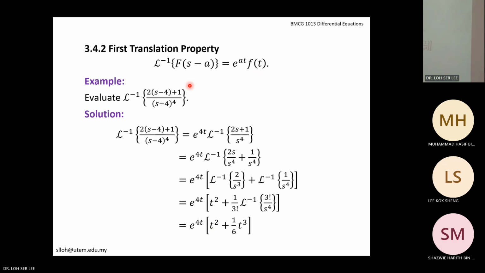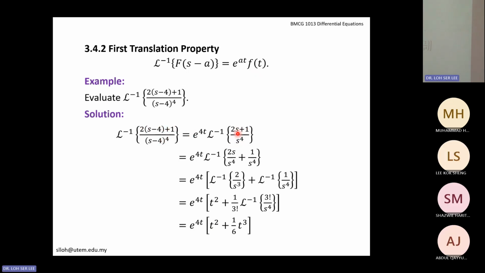So when you take out the 4, you have e to the 4t, and here you have only 2s plus 1 over s to the power of 4. Then you just break this into two and solve the inverse Laplace as what you have learned last week.